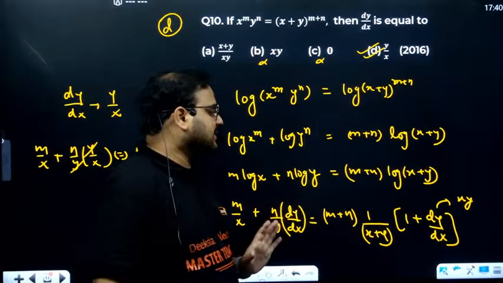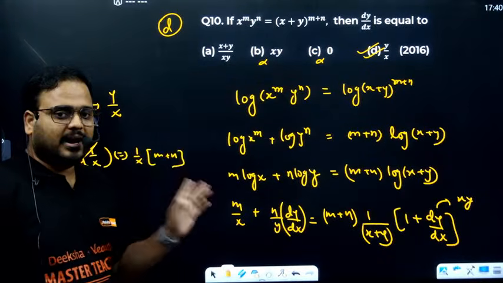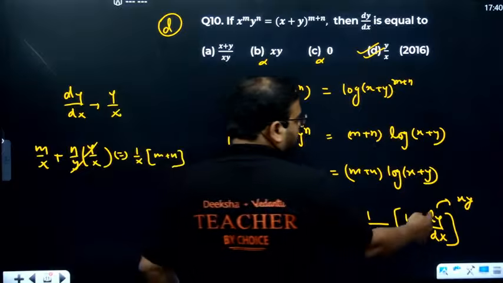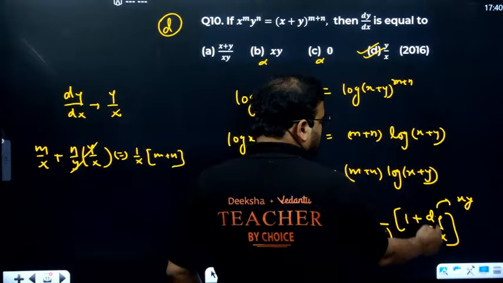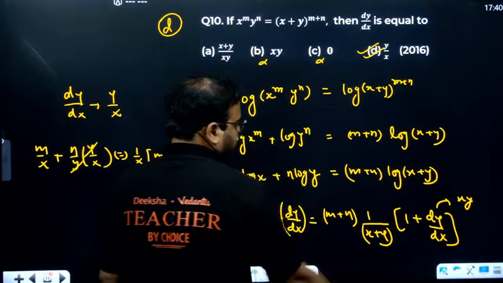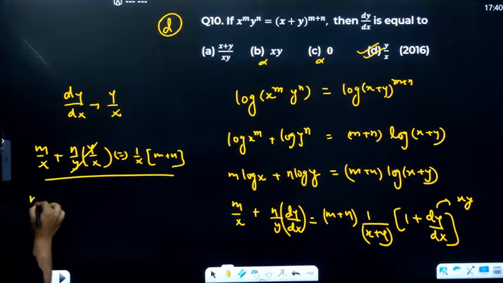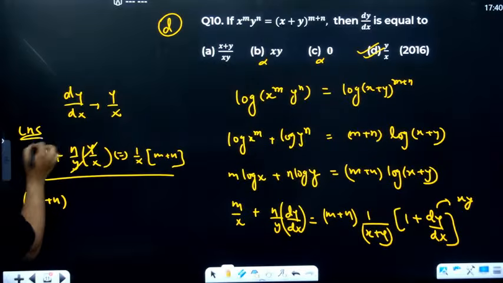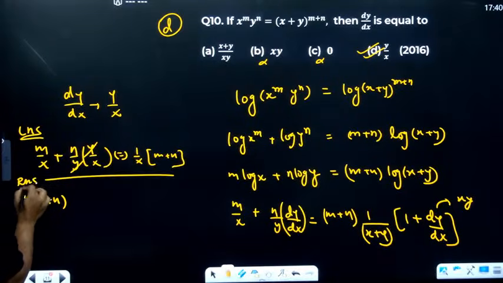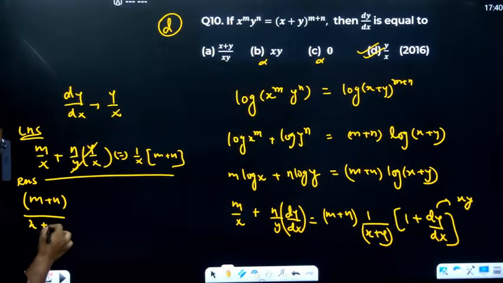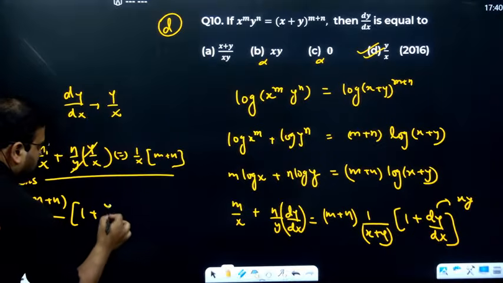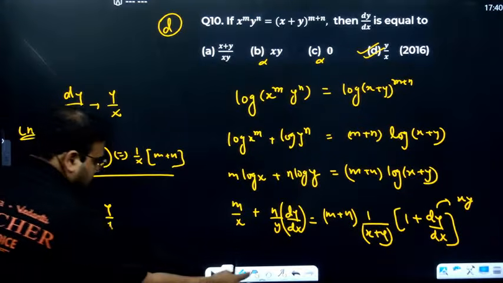Let's look at RHS now. What do we have? Put again this as y by x. If you put RHS as y by x, guys, you will have m plus n. This is my RHS, by the way. This was LHS and this is RHS. m plus n upon x plus y, 1 plus y by x.